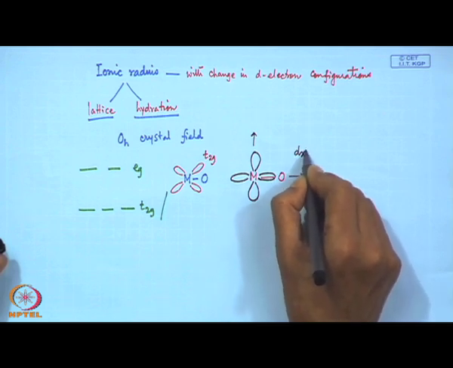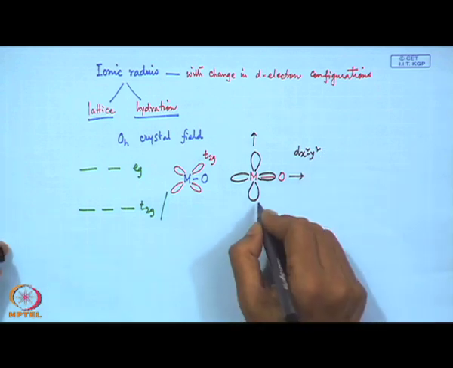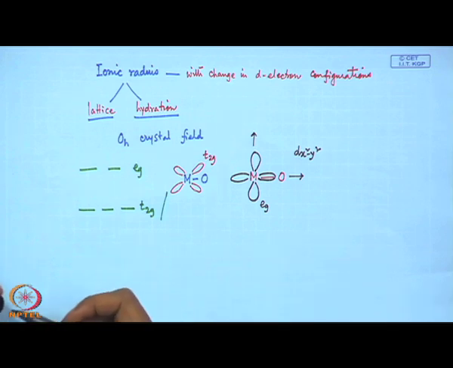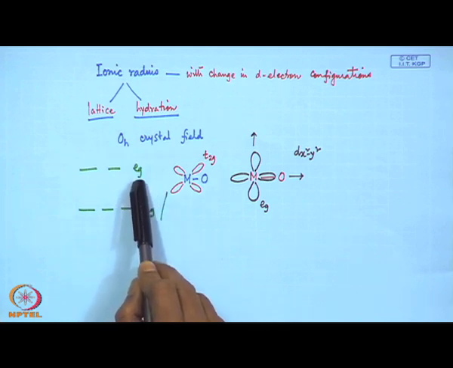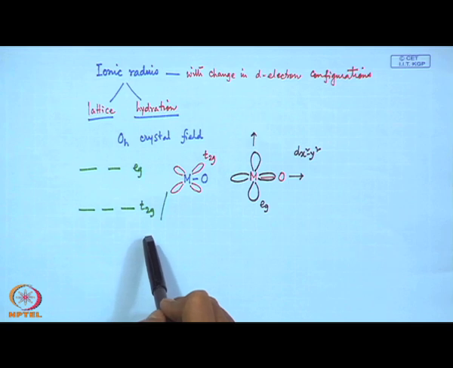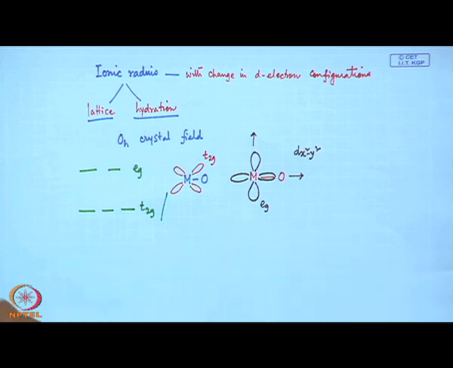If we have the orbital in the x square minus y square direction, we label it as EG. So, the difference in the electronic configuration in the T2G level and the EG level will definitely contribute differently towards the ionic radii values for these metal ions.